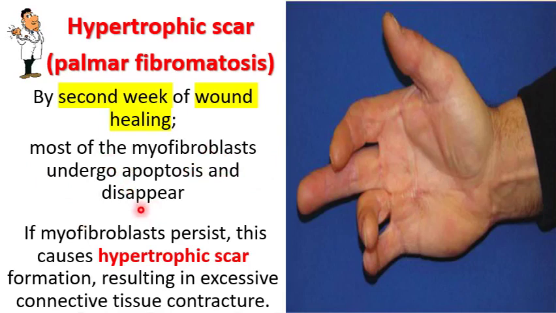My wound is healed by the second week, so I don't need the myofibroblast anymore. It will undergo apoptosis and disappear. But what happens if the myofibroblast persists? It causes formation of more fibers. So it causes a hypertrophic scar like that. Hypertrophic scar formation results in excessive connective tissue contraction and leads to deformity. Okay?